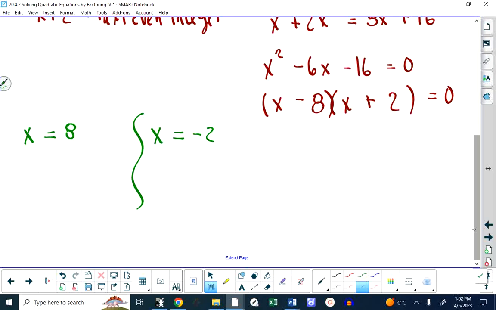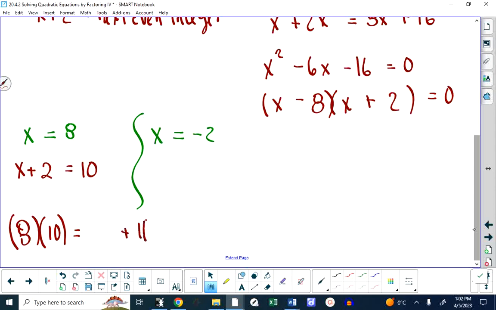One of the solutions is the first integer is 8, and the second would have to be 10. 2 more than 8. Let's check something out. We were told the product of these had to be 16 more than 8 times the smaller one.